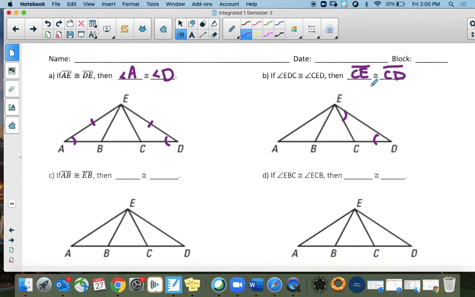But I should write that out the other way around, right? I should write it this way. So if I start with angle EDC, I should really start with side CD. Okay, and then this goes CED, so I should really say then side CE. So I should write it this way.